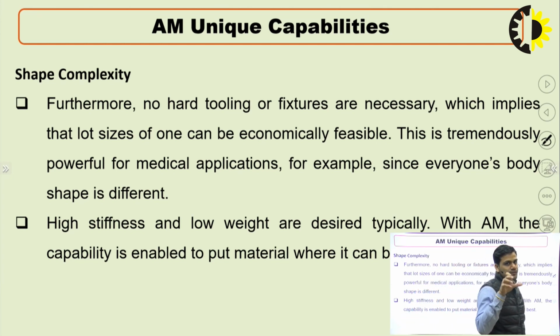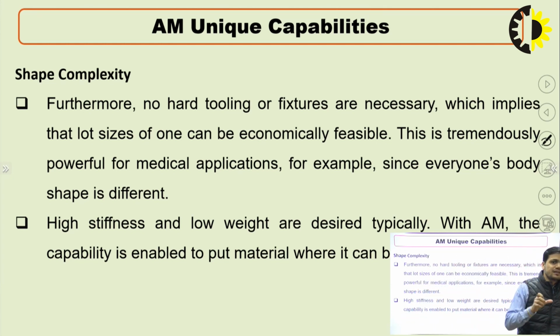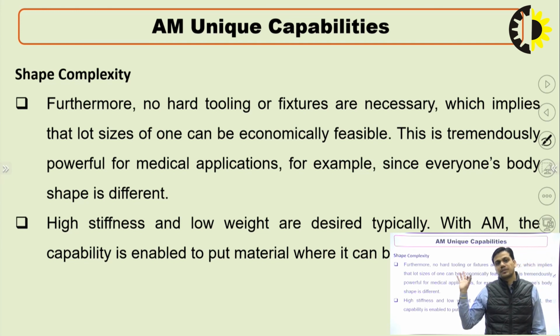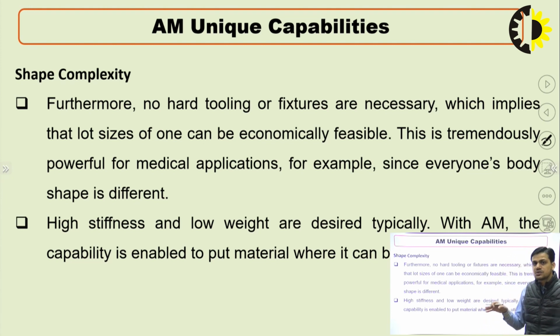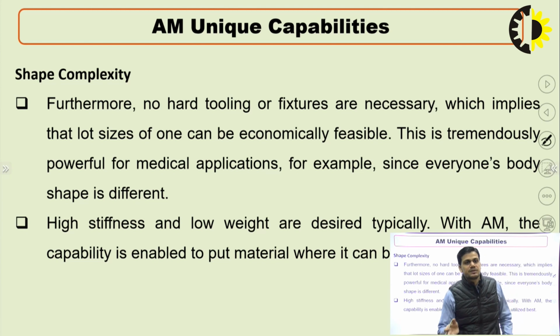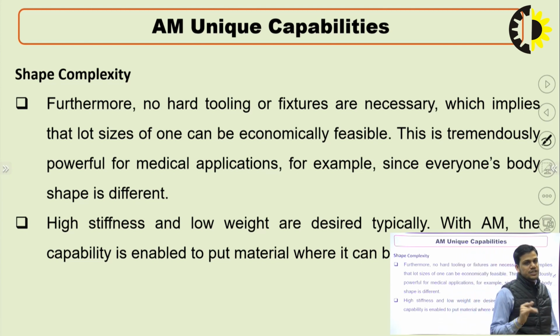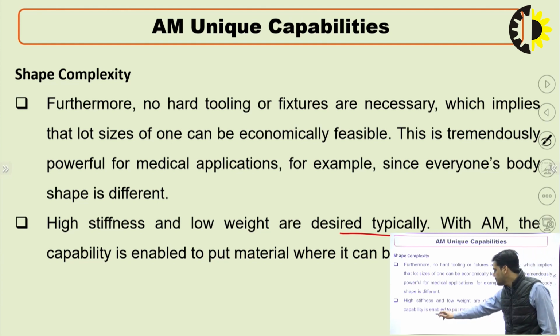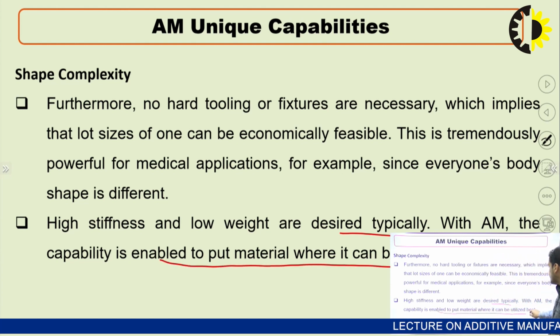But if you go for additive manufacturing, you can scan that particular part and make it using additive manufacturing, and that definitely suits your body, because the cross section area or shape is made according to your body. High stiffness and low weight are typically desired with AM, and the capability to put material where it can be utilized best.